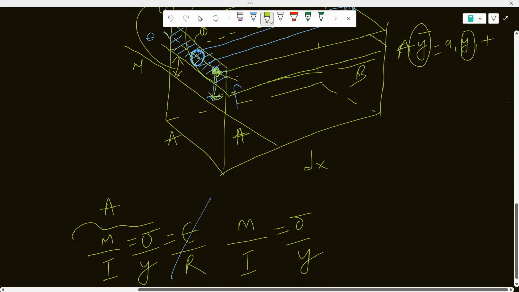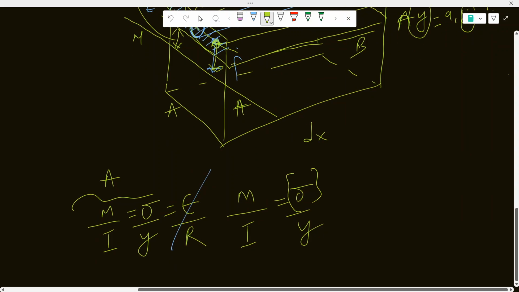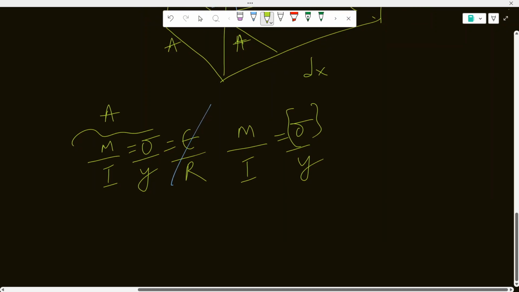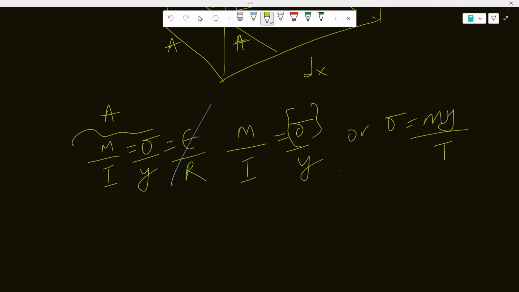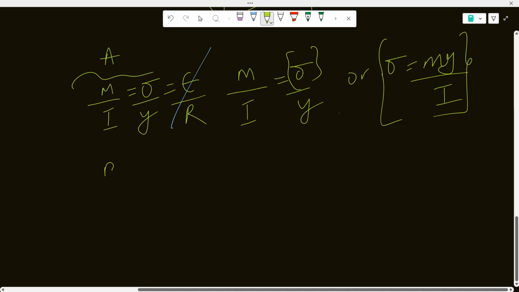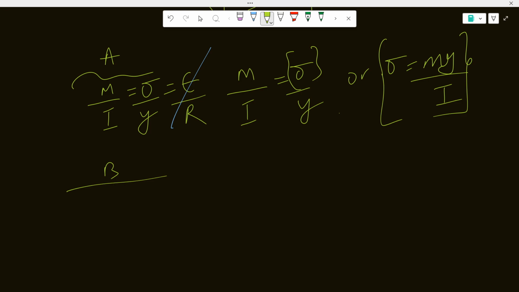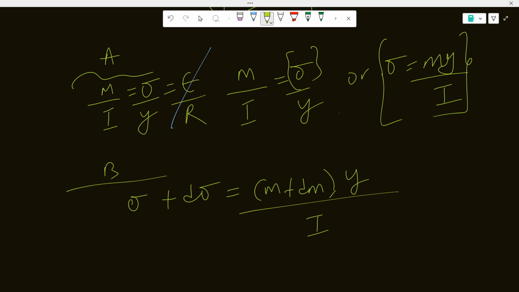Since sigma is what I'm looking for, sigma is equal to My over I for section A. For section B, I'll have sigma plus d sigma, which will be equal to M plus dM, y over I.